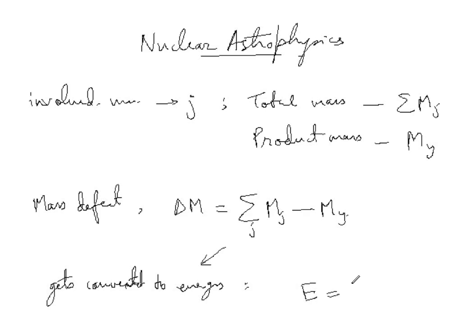E is equal to mc square, or in our case this mass difference, delta m c square. Okay, and you see this energy is available now, not completely but at least partly, for the star's energy balance.